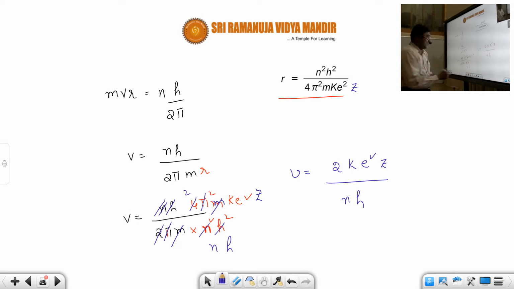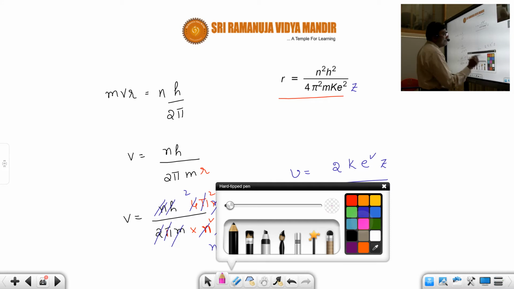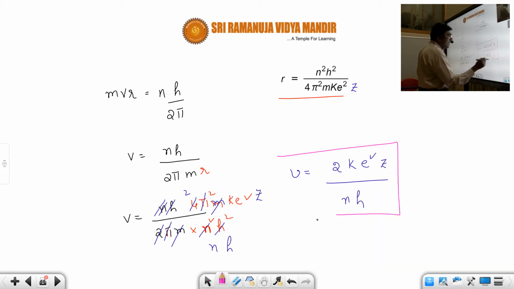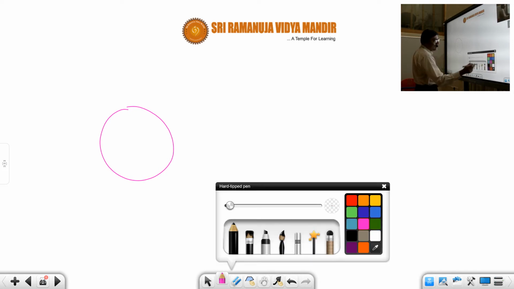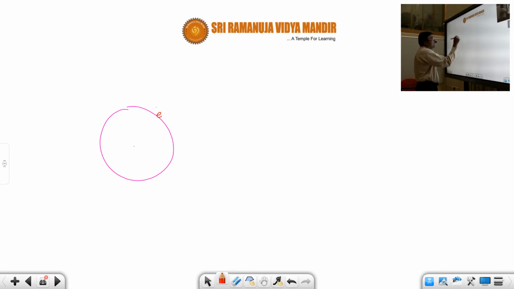So this is the expression for velocity of an electron in a Bohr's orbit: 2 pi k z e square by nh. So we write in the next slide. The velocity of an electron moving in the Bohr's orbit is given by, here this is an electron moving with a certain velocity.